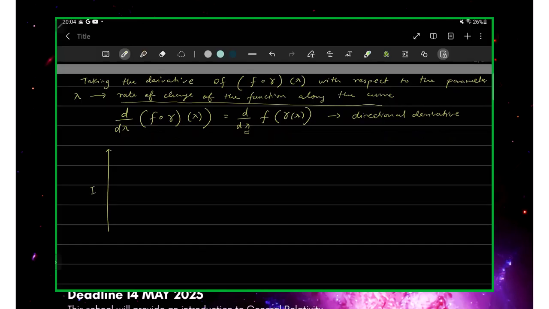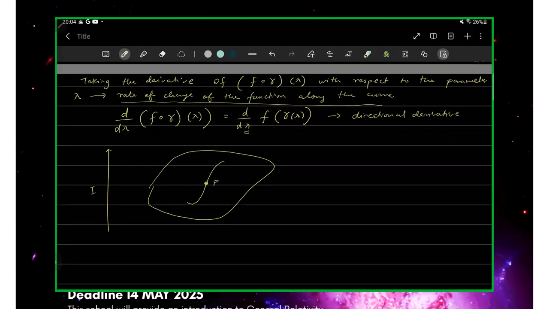So I have again the interval, my manifold, and there's the curve. I will explain the covector and whatever I was talking about in a bit. Just spoilers from whatever I'm going to talk about next. Okay, so just hold on.